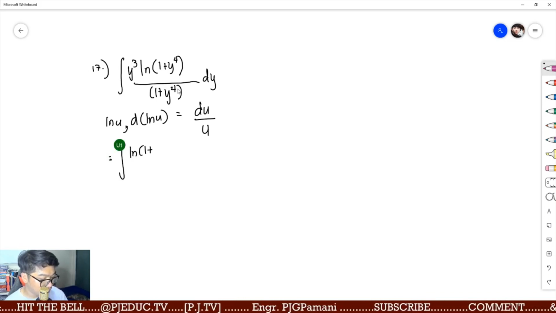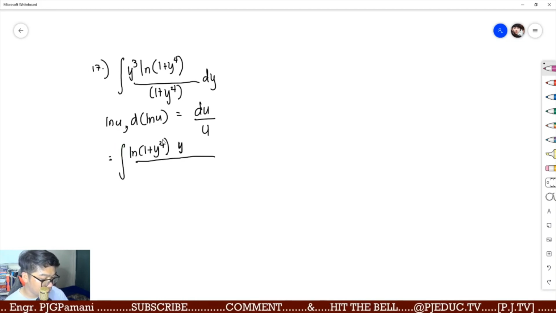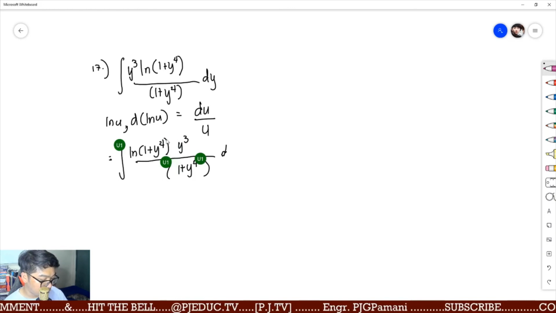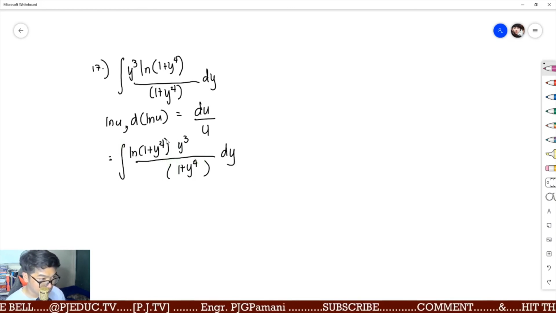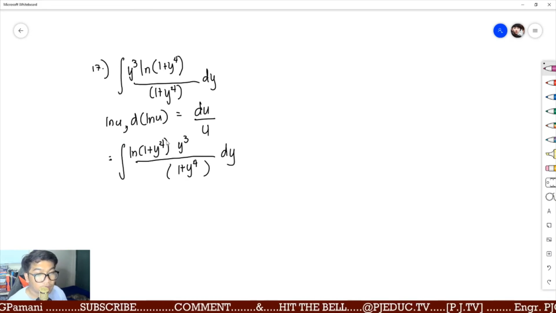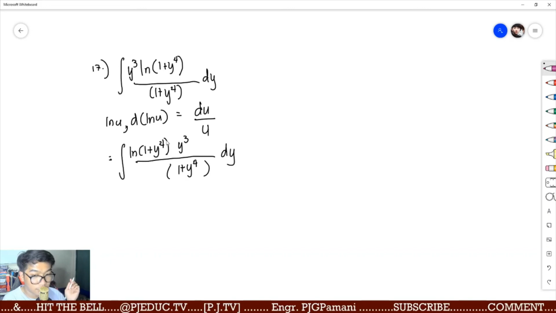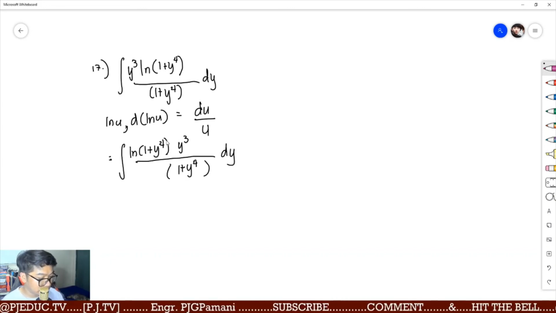ln (1 plus y raised to the fourth) times y cubed over 1 plus y raised to the fourth dy. Anong gusto nyo gamitin? Yung y cubed over 1 plus y raised to the fourth, or yung ln (1 plus y raised to the fourth power)? Mas mabilis na tayo.